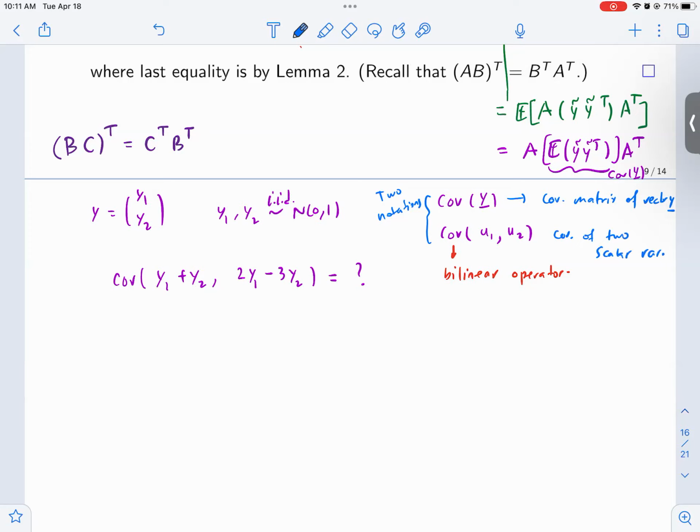Let's not confuse them. So the covariance is a bilinear operator. I mentioned a bilinear operator in one of the previous lectures. Anyone remember? What was a bilinear operator? What does it mean to be a bilinear operator?